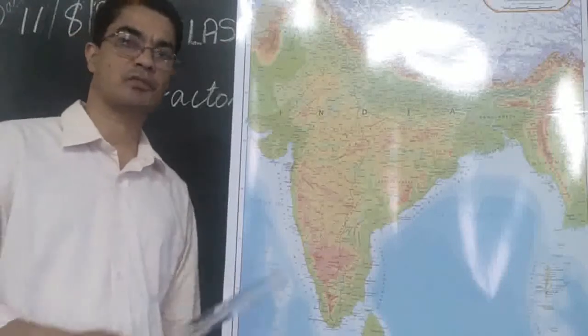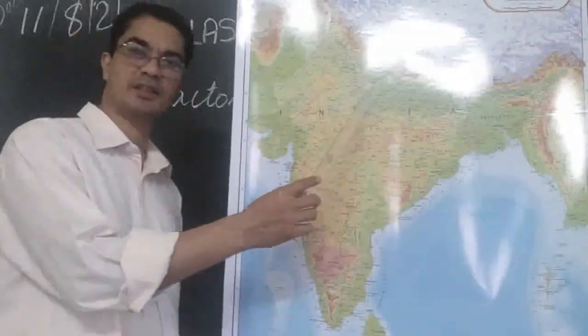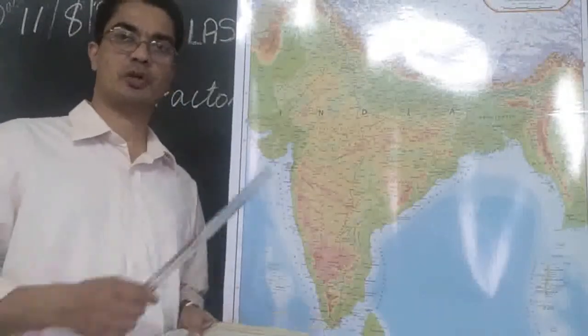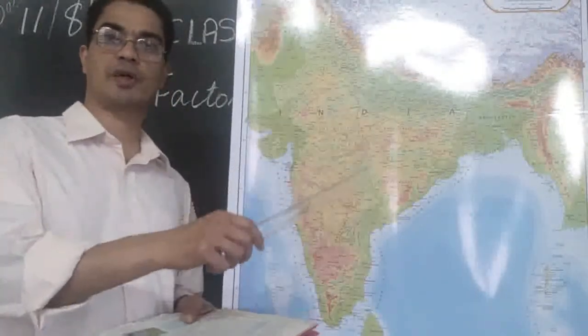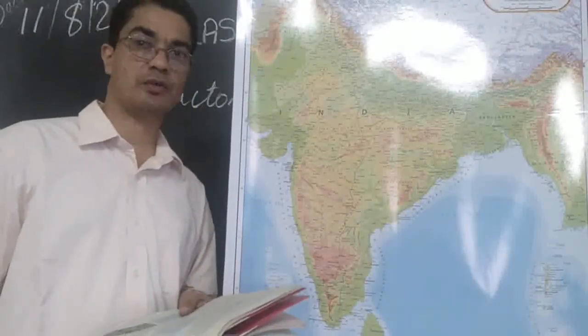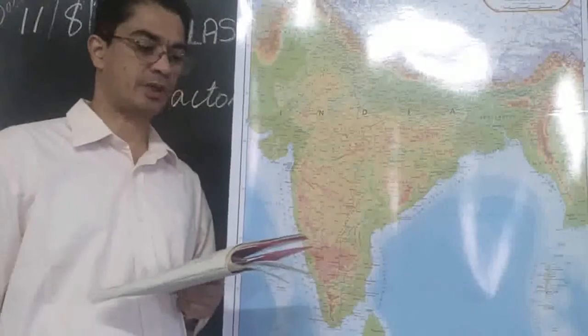So we said the wind is moving this side, then turns to the right. It is because of this Coriolis Force. So because of the Coriolis Force, the wind is always turning to the right in the northern hemisphere.